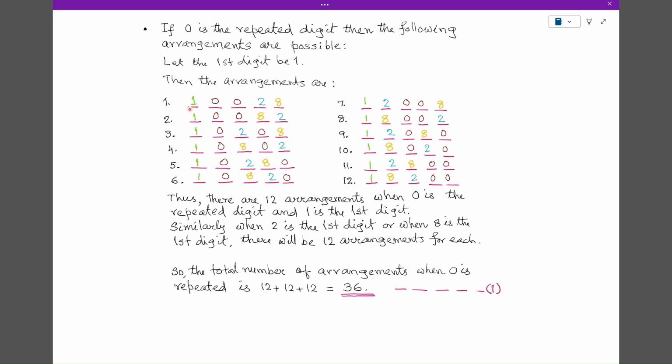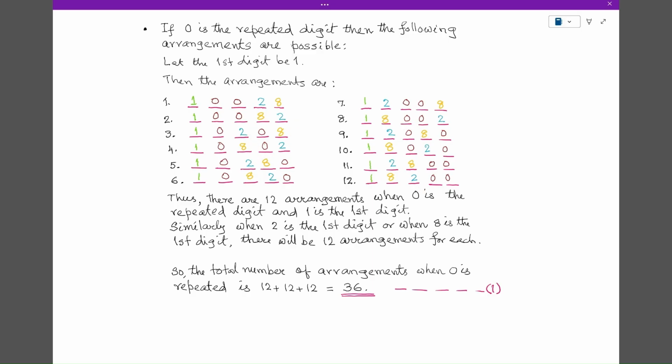For example, this is 10028. This is the same number 100, but 8 and 2 are interchanged. Similarly, here 2 and 8, here 8 and 2, 2 and 8, 8 and 2. Like this, it goes on.